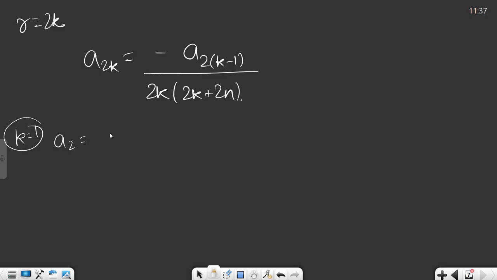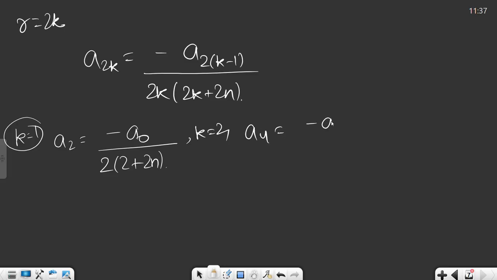So a sub 2 comes out to be negative a naught over 2 times 2 plus 2n, right? And when you plug k equals 2, that's going to give us a sub 4 equals negative a sub 2 over 4 times 4 plus 2n, right?